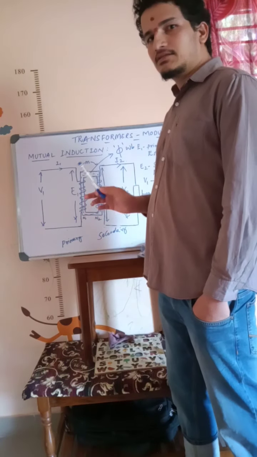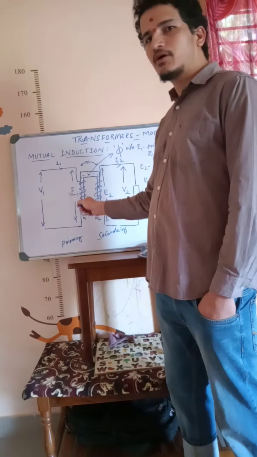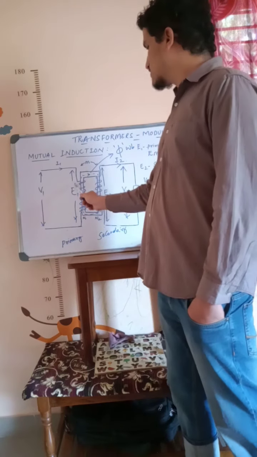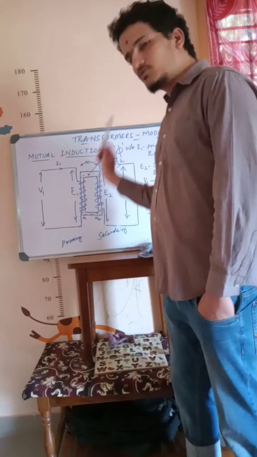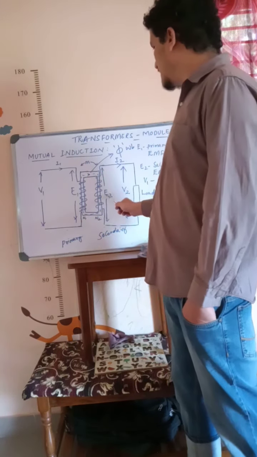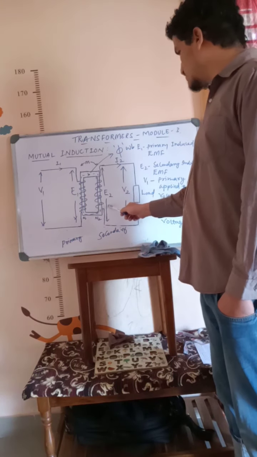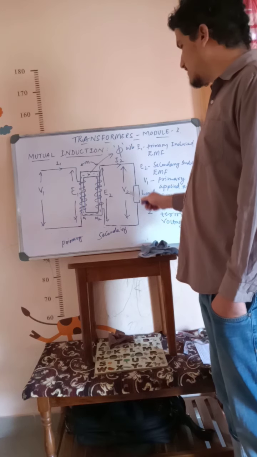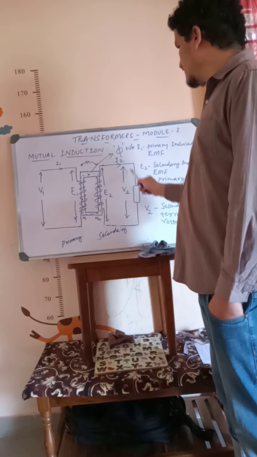E1, as I mentioned earlier, the notation E will be used for induced voltage, V will be used for terminal voltage. So E1 is the self-induced voltage in the primary coil. E2 is the mutually induced secondary EMF, and V2 is the terminal voltage if a load is connected here.